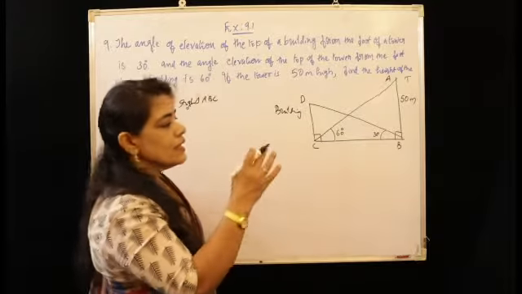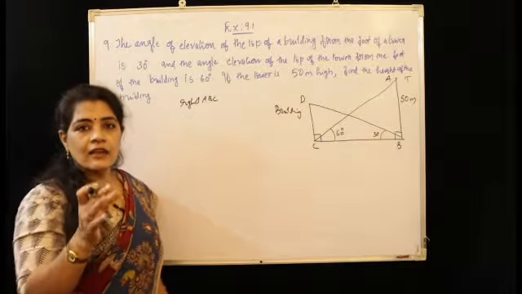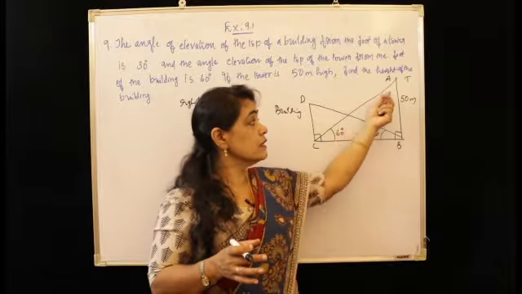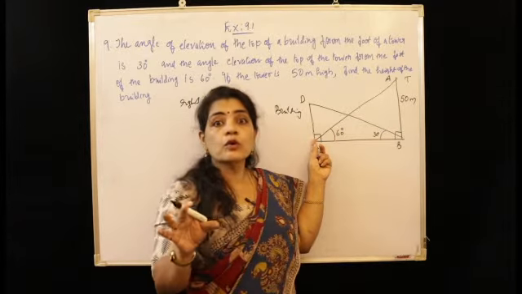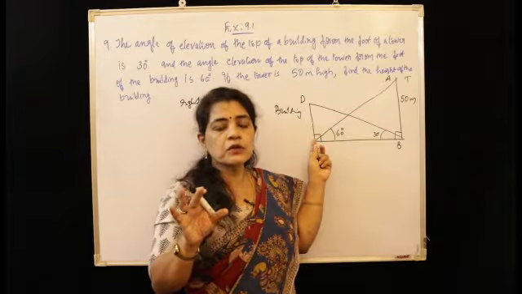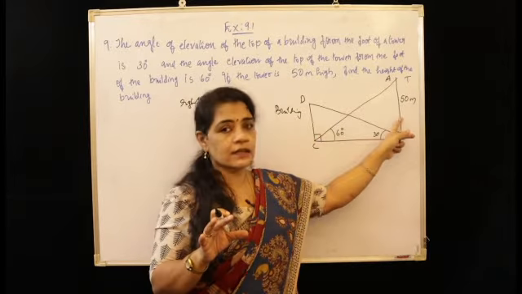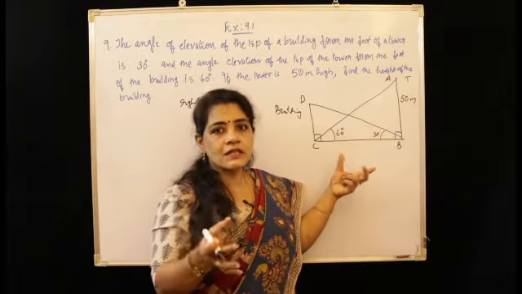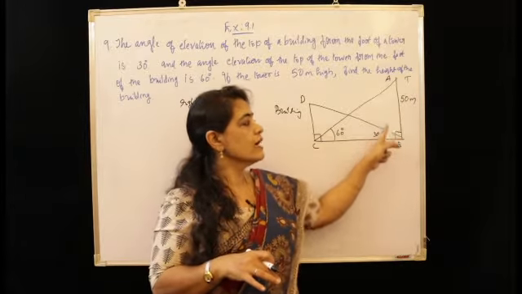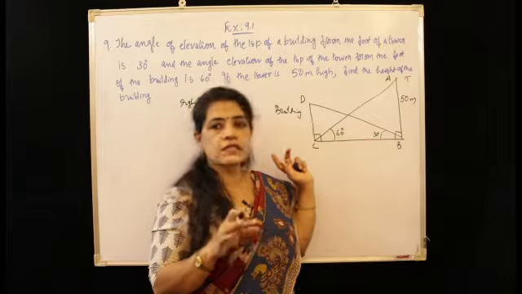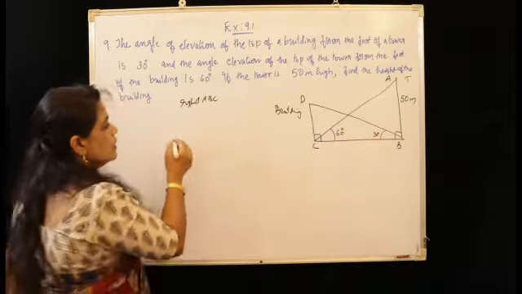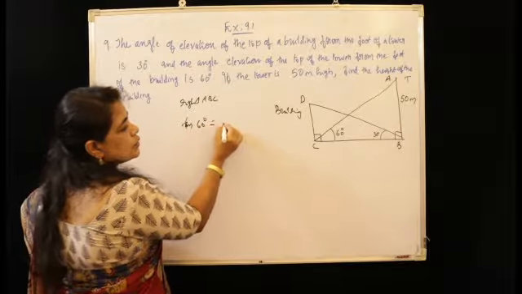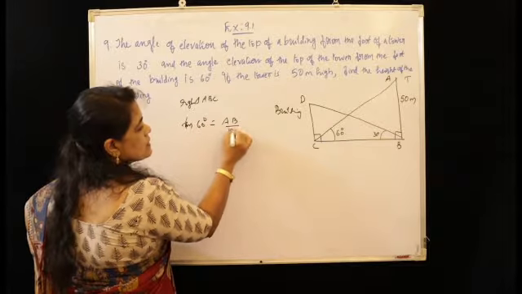So I am considering first the big right triangle ABC. Here AC has no role, that is the hypotenuse, that ratio you need not take. So I am taking tan, because we can equate with BC, because BC is common. So opposite side with the adjacent side. So tan of 60 degrees in the big right triangle equals AB by BC.